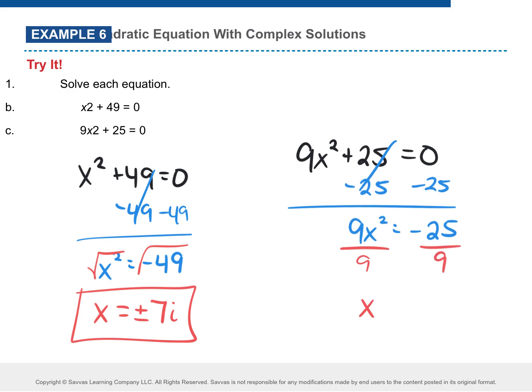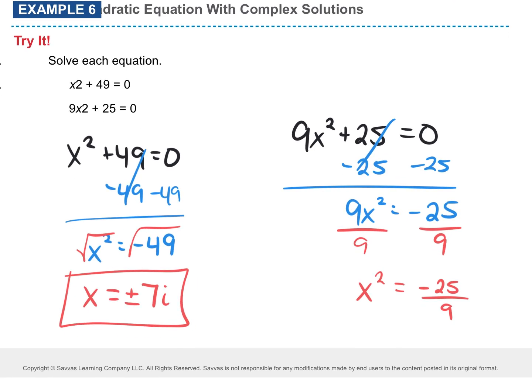Can I take negative 25 divided by 9 and get a whole number? No. So I'm going to tell you to keep this as a fraction for now. What would our last step be to get x by itself? Square root.